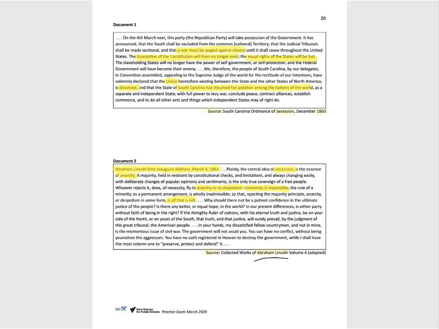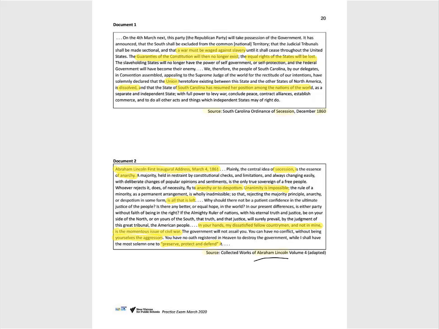In your hands, my dissatisfied fellow countrymen, and not in mine, is the momentous issue of civil war. The government will not assail you. You can have no conflict without being yourselves the aggressors. You have no oath registered in heaven to destroy the government, while I shall have the most solemn one to preserve, protect, and defend it.